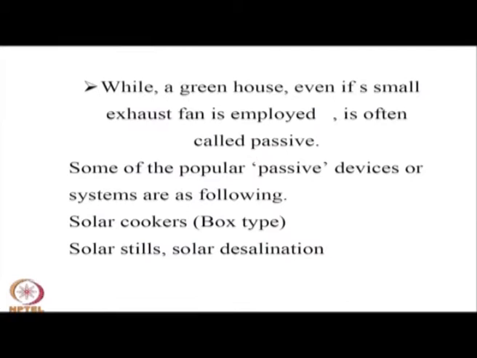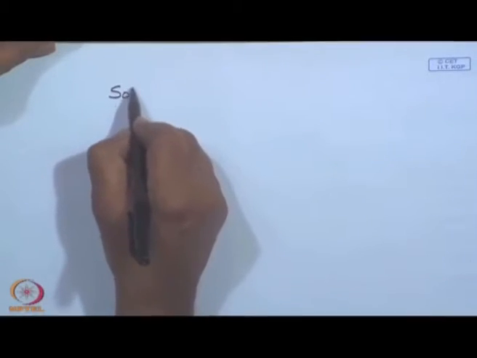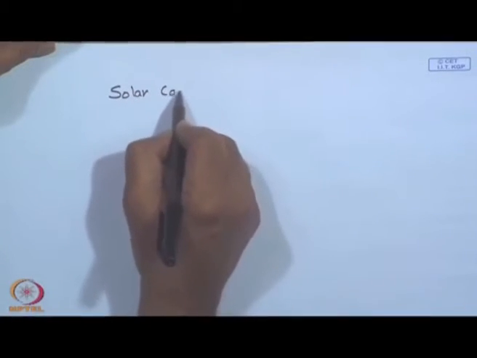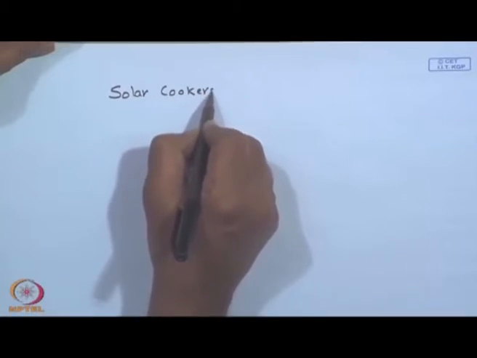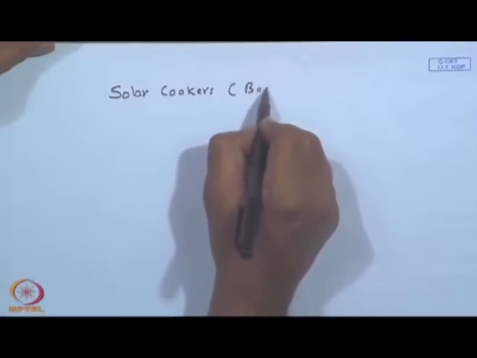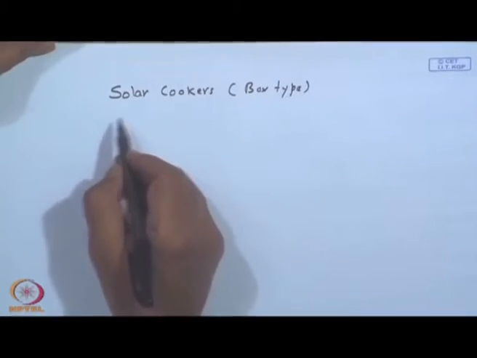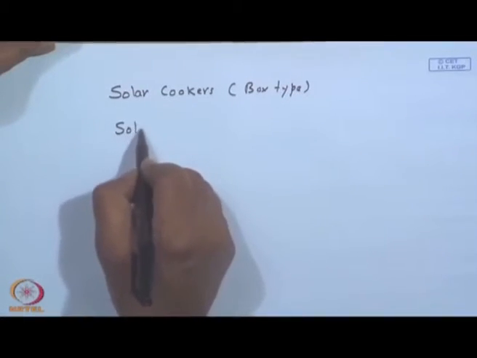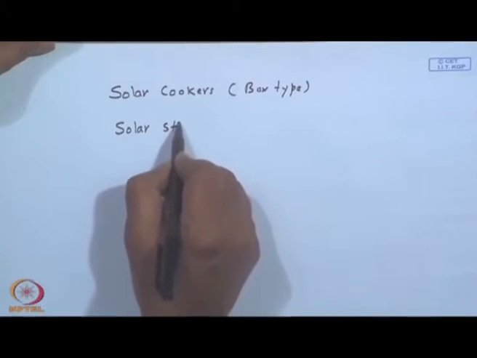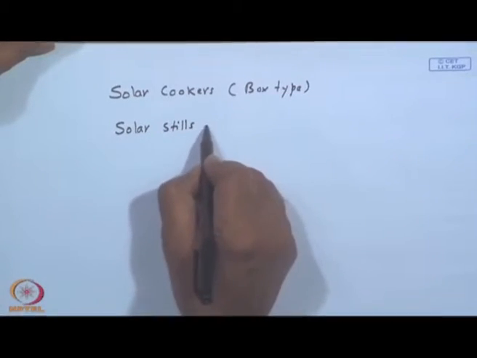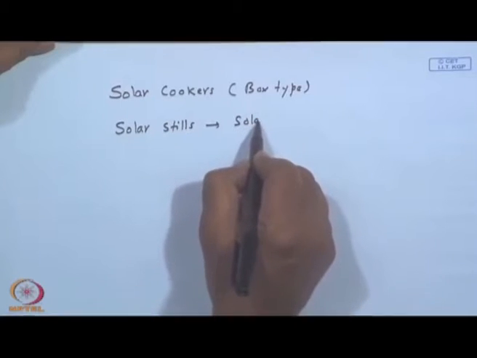And for example, solar cookers, which will say a box type. You can have even a very active system, then solar stills. This is basically solar desalination.